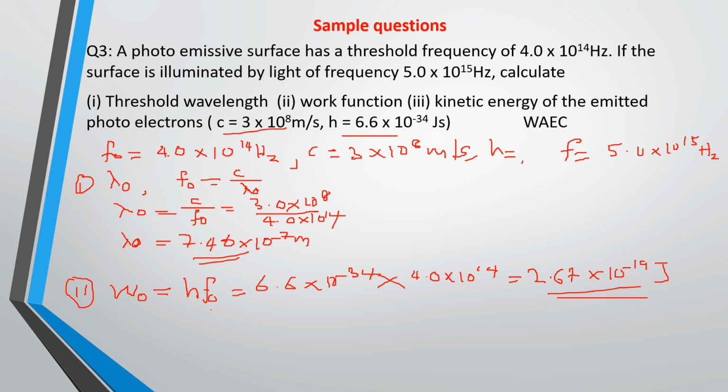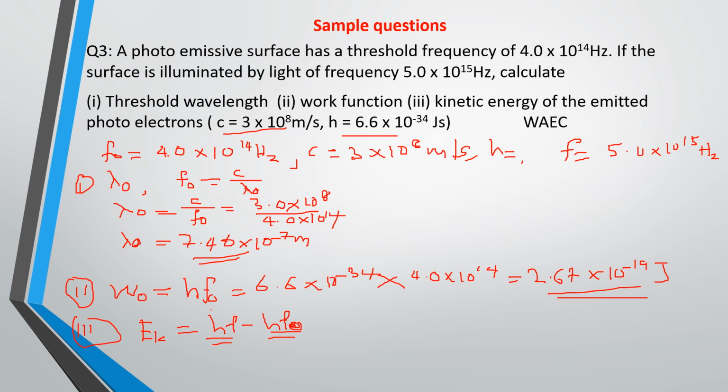The next thing is the kinetic energy of the emitted photoelectrons. Number 3, remember we said that kinetic energy K is equal to hf minus hF0, where hF0 is equal to the work function. hf is the energy. So kinetic energy is equal to hf minus the work function.